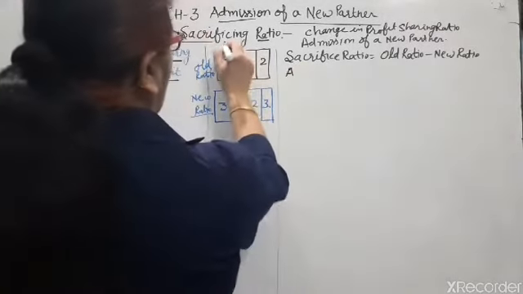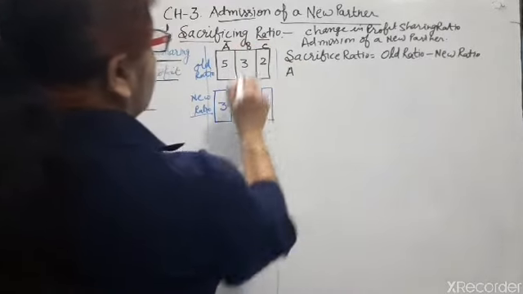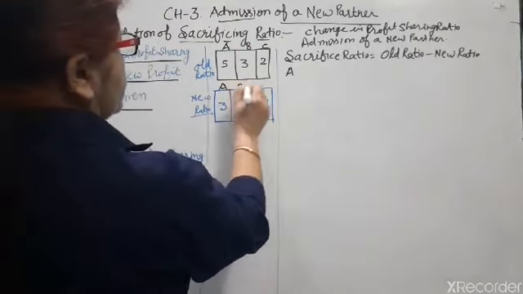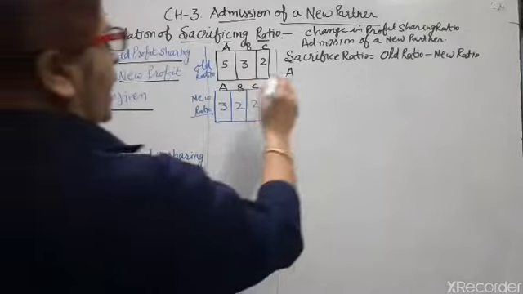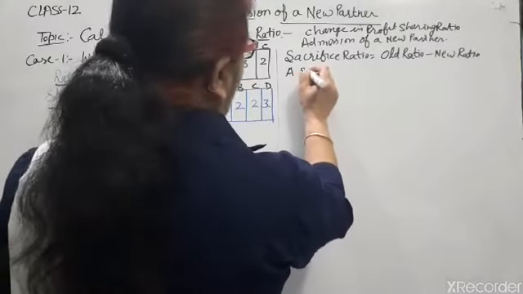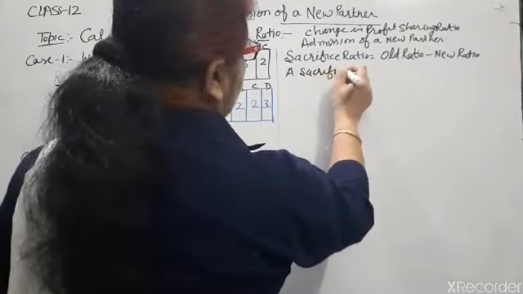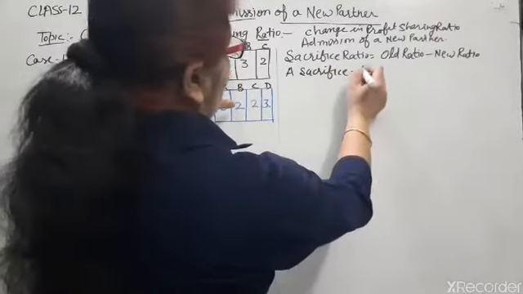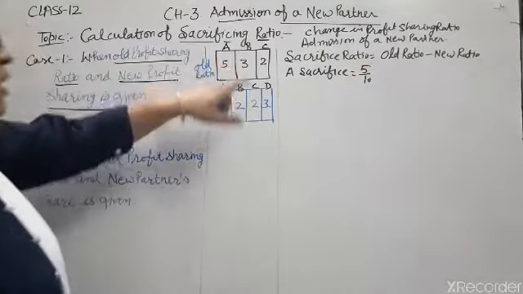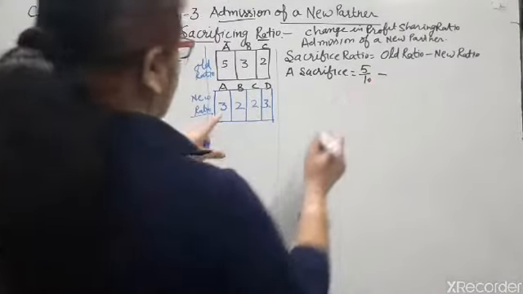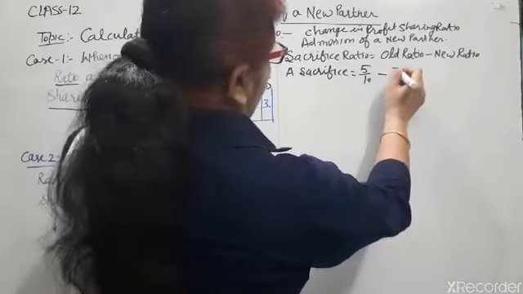First partner A, second B, third C. A's sacrifice is equal to old ratio 5/10 minus new ratio 3/10.